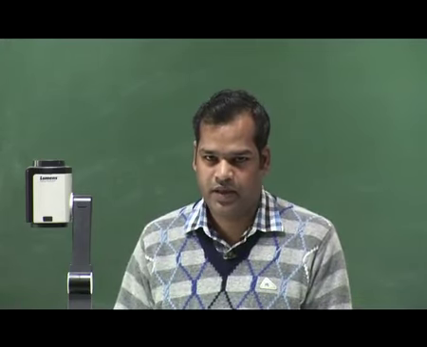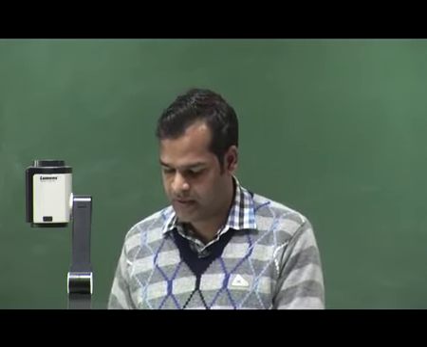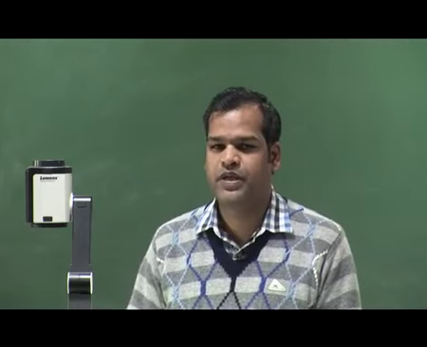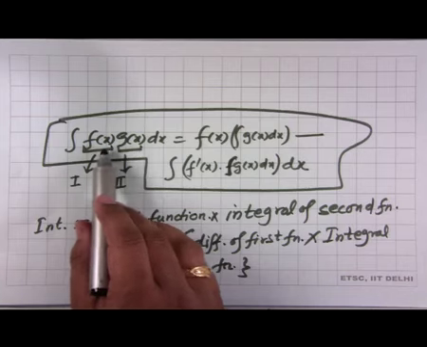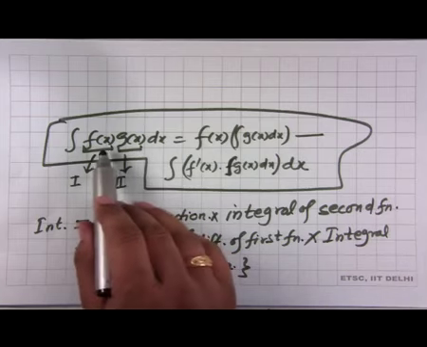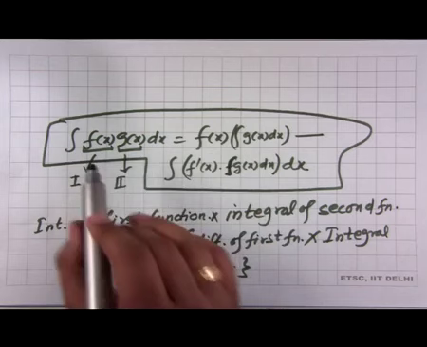It is very important to make the choice of the function: which function should be chosen as the first function and which as the second function. If you look at the formula for the product, this formula becomes very handy if we have a proper choice of the functions.